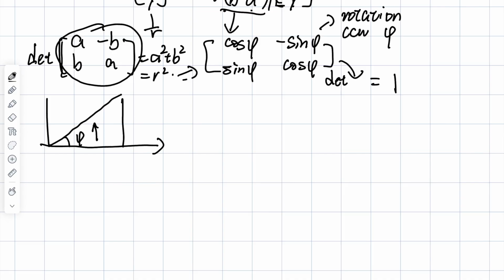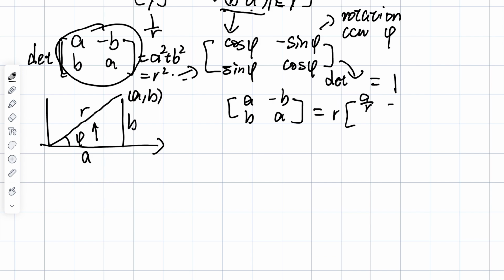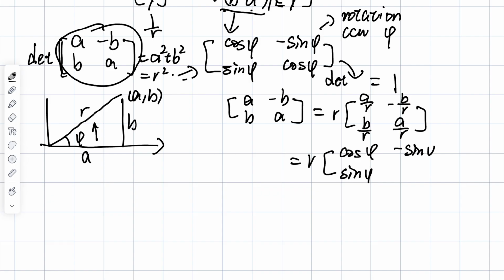That is to say, if we let a be this corresponding side and b be the other side, then r is this side, and then the matrix equals r times [a over r, -b over r; b over r, a over r], which is [cosine phi, -sine phi; sine phi, cosine phi].